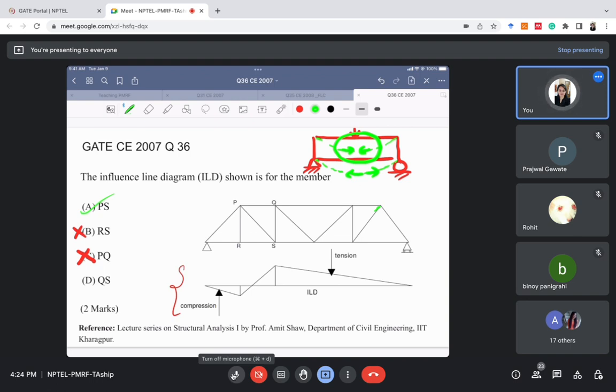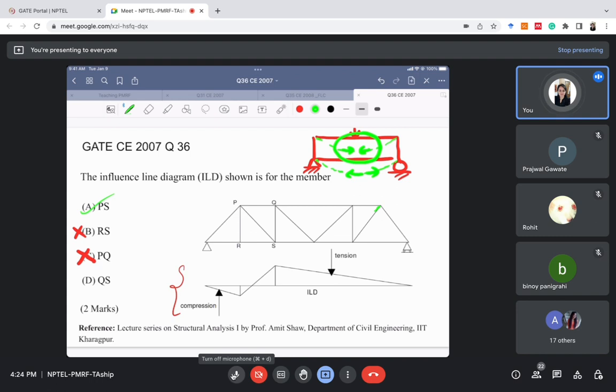I'll just summarize it quickly. Before starting any question of ILD, if the ILD problem is related to beams, please first determine whether the beam is statically determinate or indeterminate. If it is statically determinate and some options contain curved lines, you can rule out that option there and then. If it is determinate, it will always be a straight line for all the members.